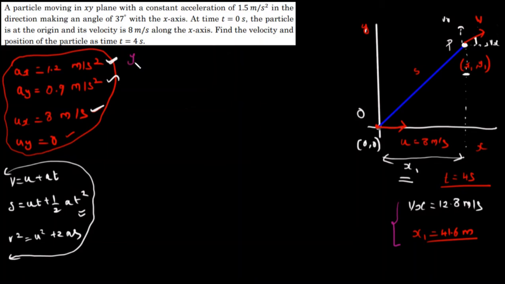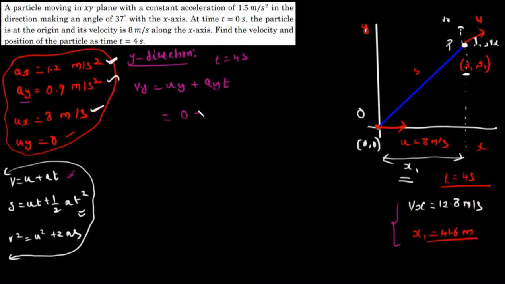So now let me go for the y direction. In the case of the y direction, what are all the things which I have? Again, I have acceleration in the y direction. Velocity is anyways 0, and the time taken is not going to vary, right? So time taken is going to be 4 seconds only. So what can I use? Simply I can use the first equation again. So vy will be equal to uy plus ay into t, which is equal to, what is velocity in the y direction?